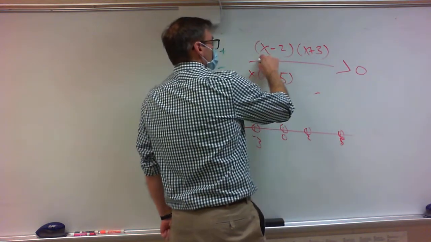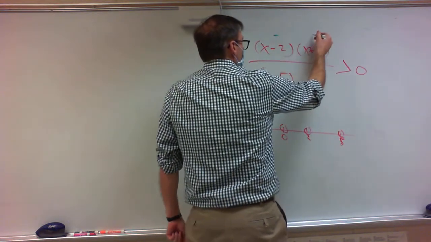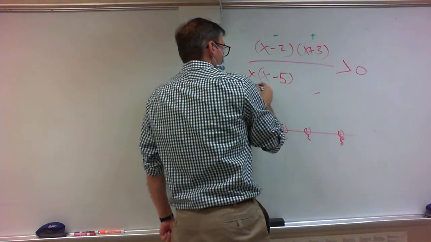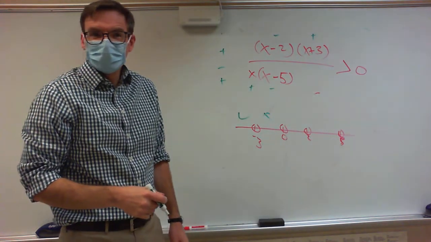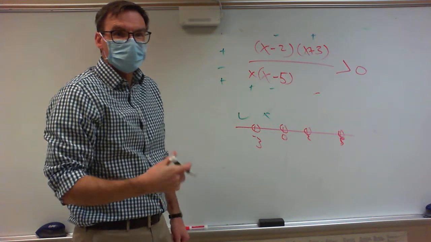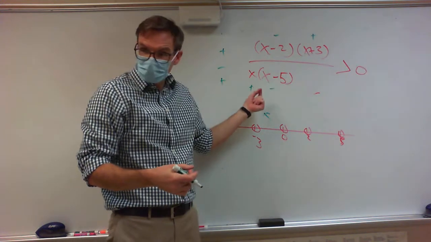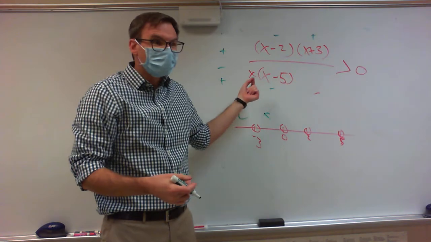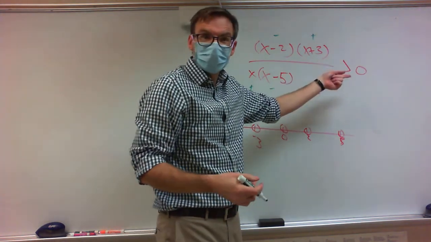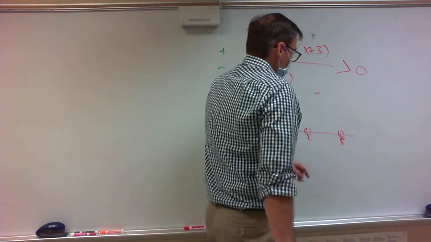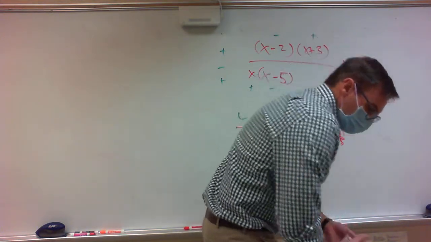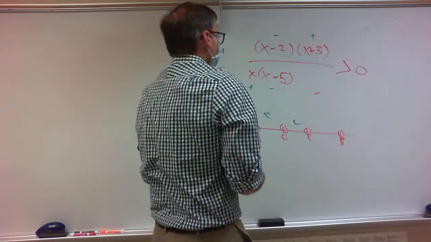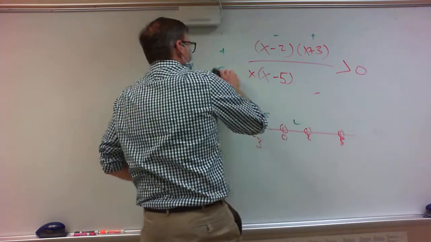And 1 minus 2 is negative. It's positive. Positive. Negative. Everybody okay that's positive? You get negative over negative, which is positive. Is positive bigger than 0? Okay, so that works. Pick something over here. Yeah, 3 seems reasonable.